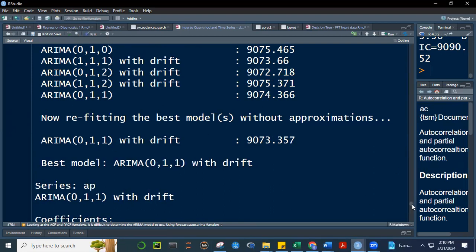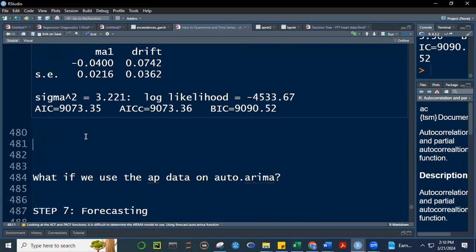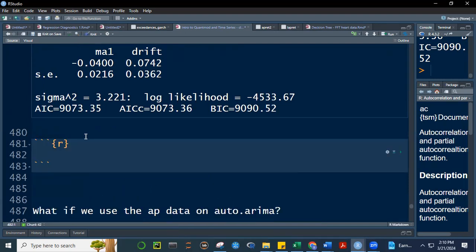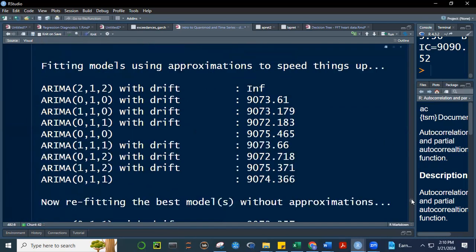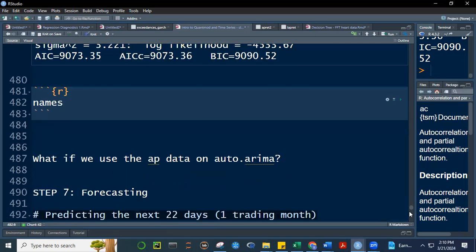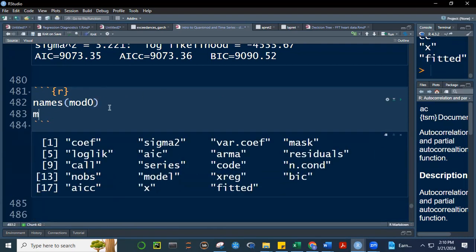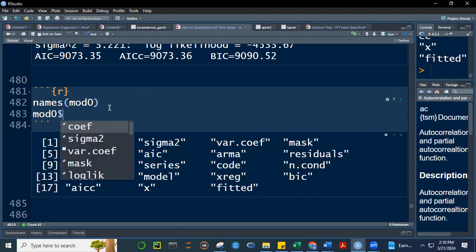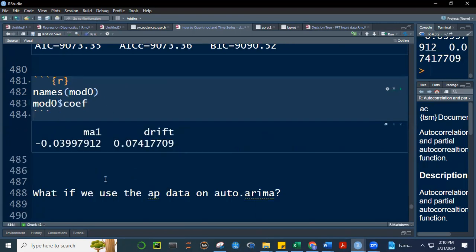Okay, 011. So once again, let's get the names of model 0, and once again, I get mod 0 coefficients. MA siya, no?